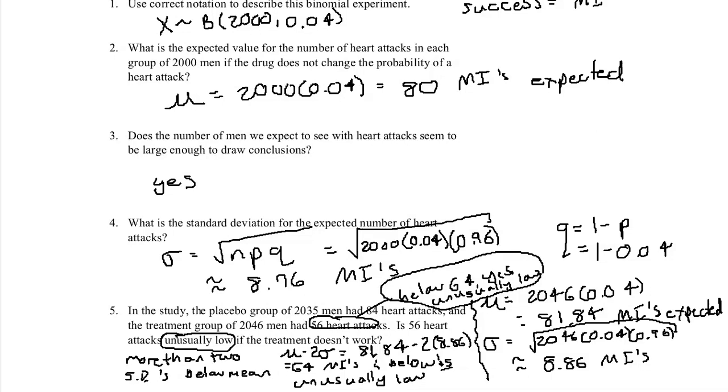The probability of having a heart attack in this group is actually lower. The gemfibrozil works. Either the gemfibrozil doesn't work and we just got a freaky, weird, unusual group with an unusually low number of heart attacks, or the gemfibrozil works and the probability of having a heart attack in this group is lower than 0.04.